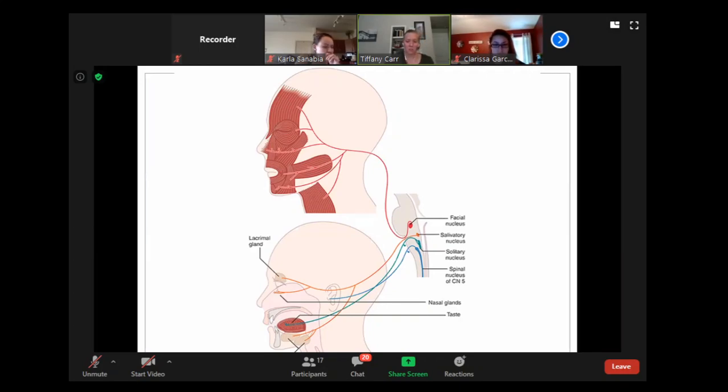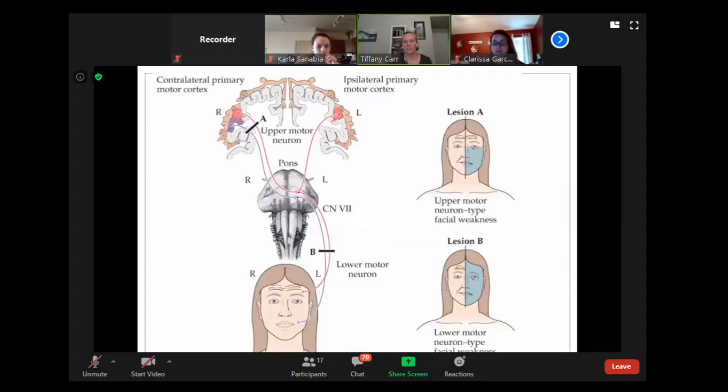It's not the parotid. Sublingual. There we go. Sublingual and submandibular salivary glands here. So solitary is going to do taste, and the spinal nucleus of cranial nerve 5.